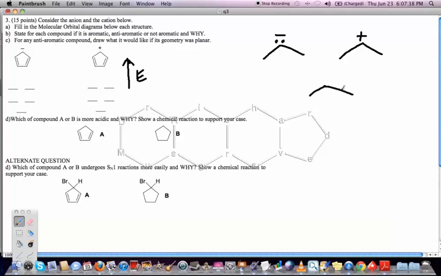For no charge to be there, we'd need a single electron species. If that single electron is removed, it would be positive. If we add an electron, then it becomes negative. So that gives us what we need as far as figuring out how many electrons are in the pi system. We've got 6 electrons in this pi system.